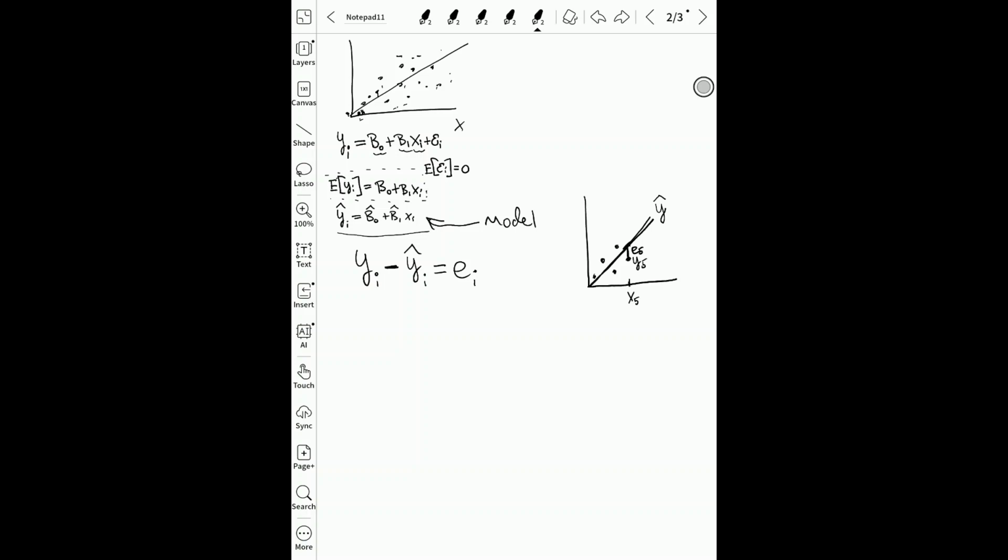And what we're going to do is, as I said, we want to find the line that minimizes the sum of all of those errors. But it's not enough just to minimize the sum of them, because we want to make sure that we're not canceling things out by accident, right? Because this error that I've written here for e5 would technically be negative, and this error over here would technically be positive.